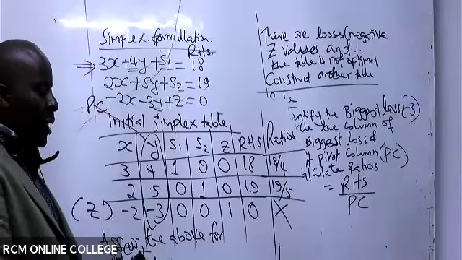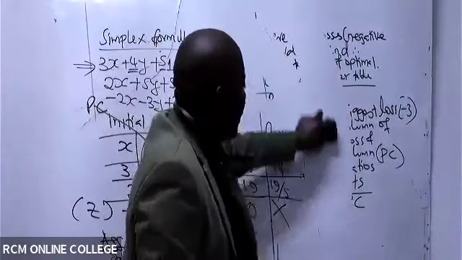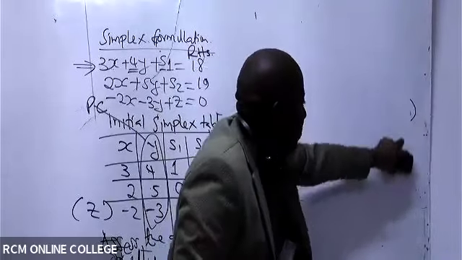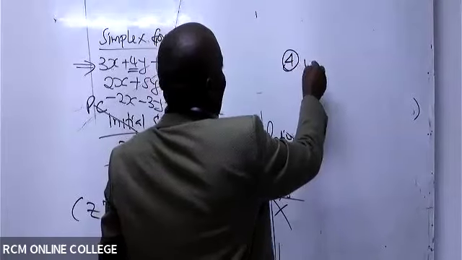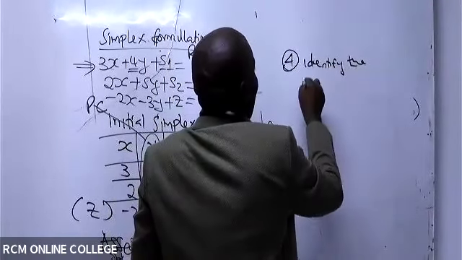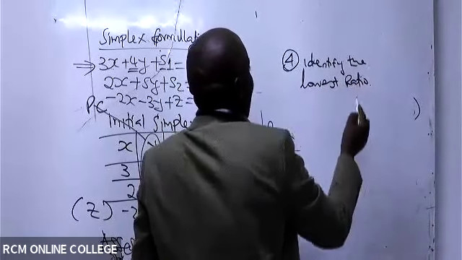Once you have done that, ladies and gentlemen, you should be able to go ahead and tell us the fourth rule: identify the lowest ratio, the least ratio.